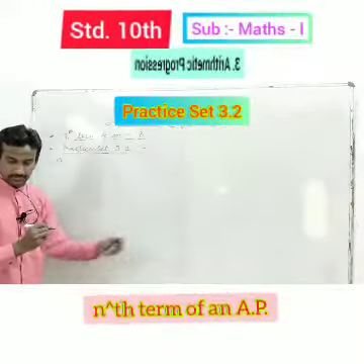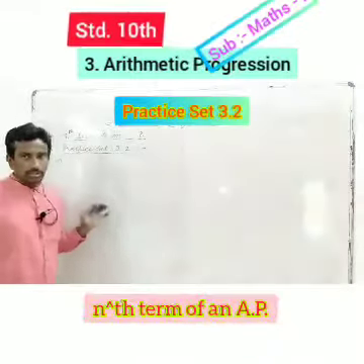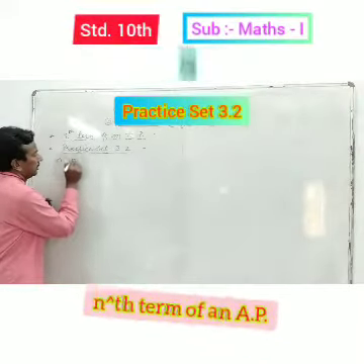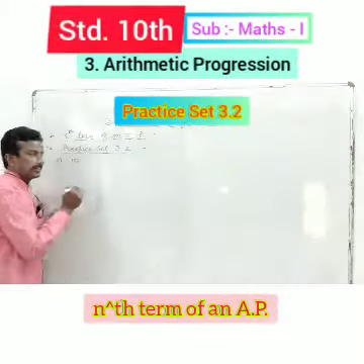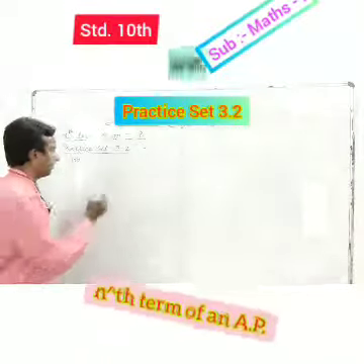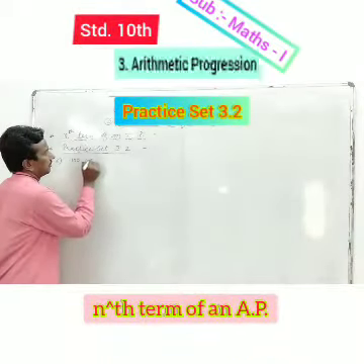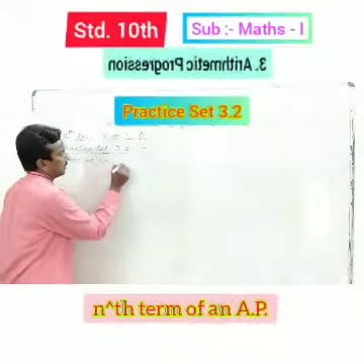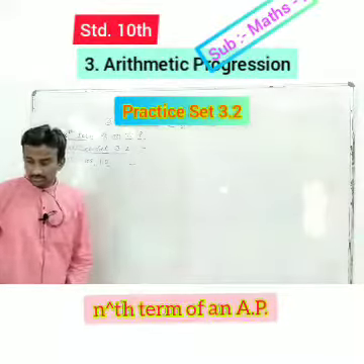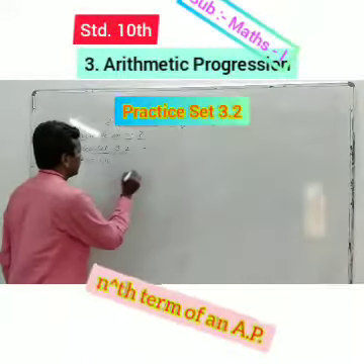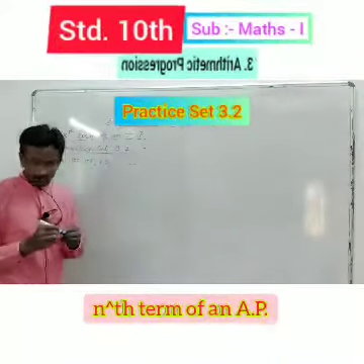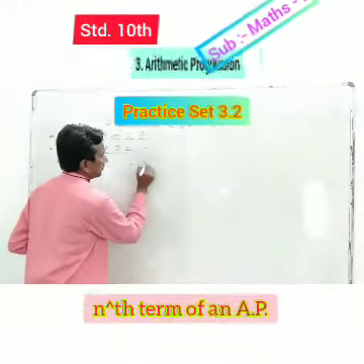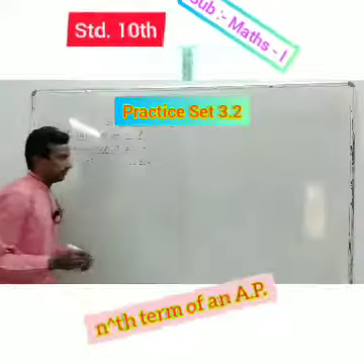Question number 6. We know 3-digit natural numbers start from 100, and divisible by 5 means the difference is 5: 100, 105, 110, up to how much? The 3-digit natural numbers go up to 995.